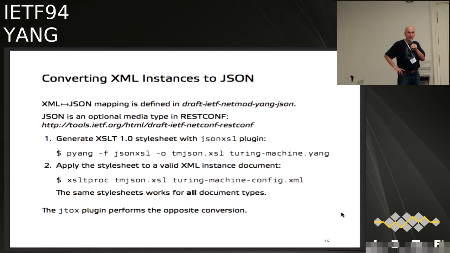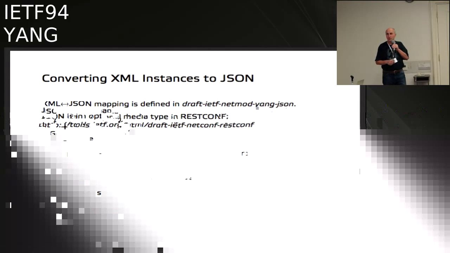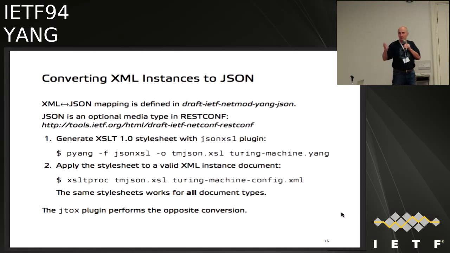And by the way, Pyang also has the JTOX plugin that does the opposite conversion. For example, this can be useful for validating JSON data. I have been using it quite regularly for validating JSON data. It seems a bit complicated, so you need to convert JSON first to XML in order to be able to validate that XML using that DSDL procedure that I explained.